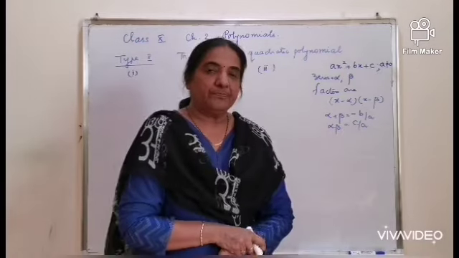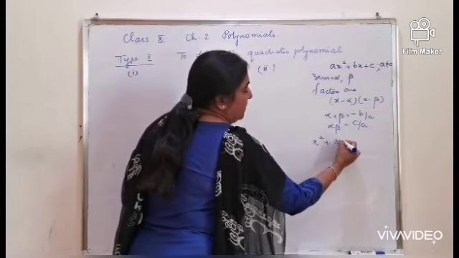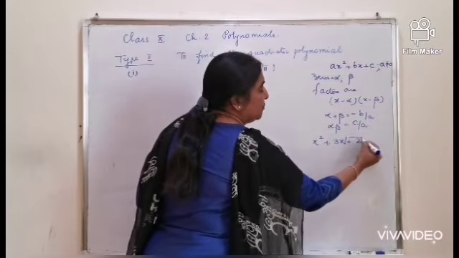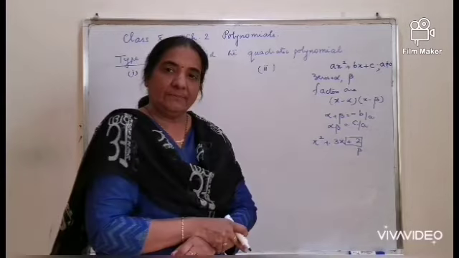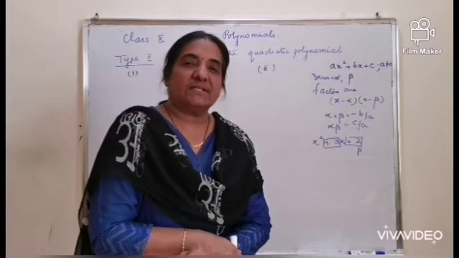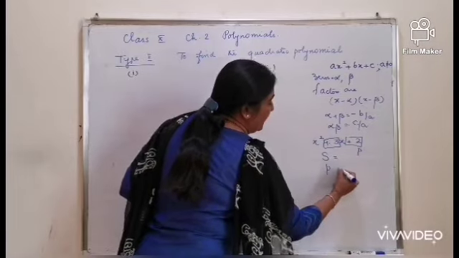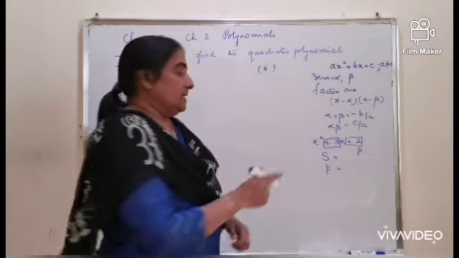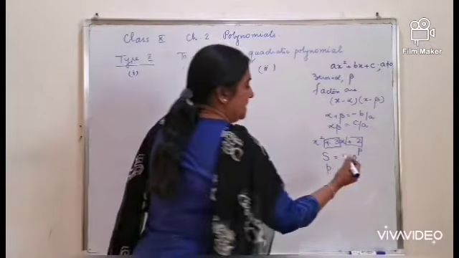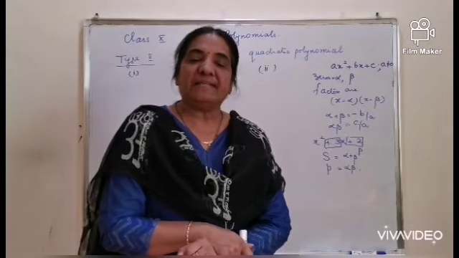In those examples, when you consider a quadratic polynomial, the constant term you are assuming as the product and the sum term you are taking as the coefficient of x. That sum is the sum of the zeros and the product is the multiplication of alpha and beta.